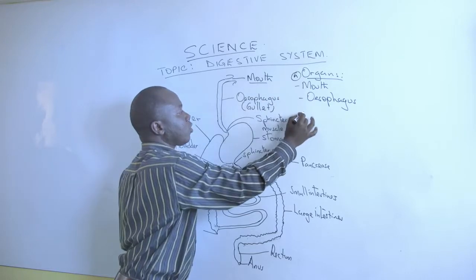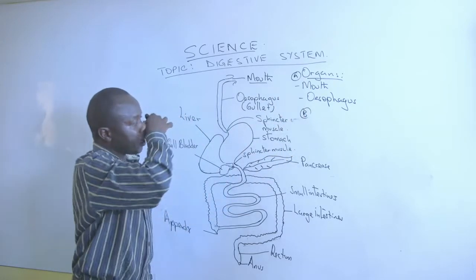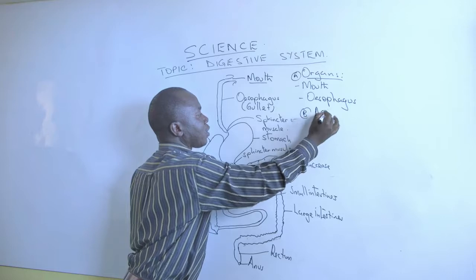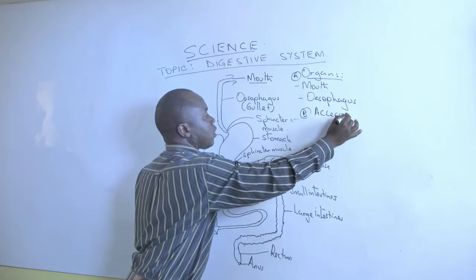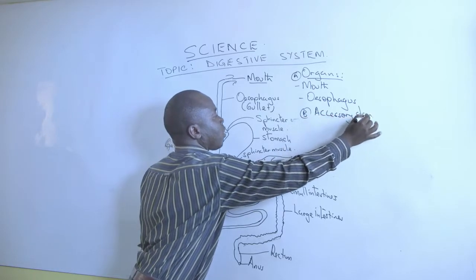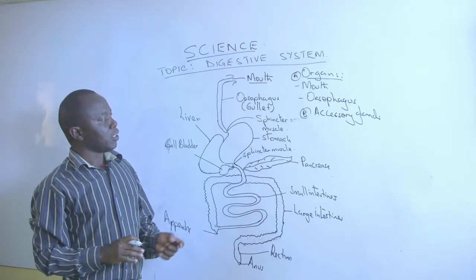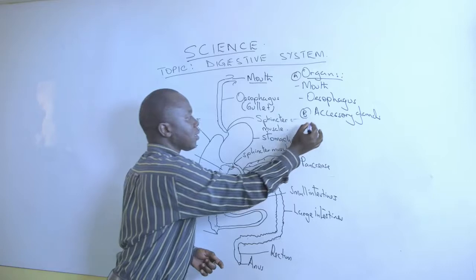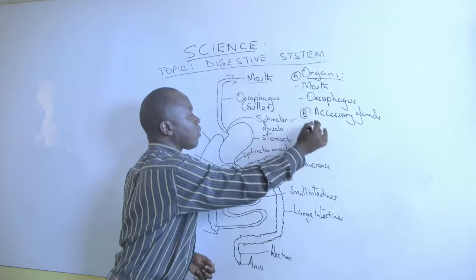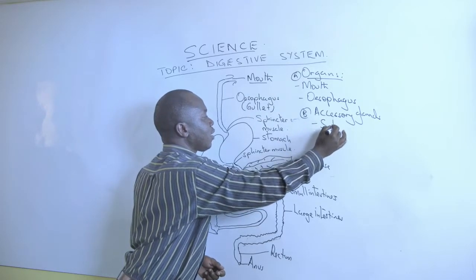But we can also identify some accessory glands. Although they cannot be seen from the diagram, the digestive system also has accessory glands, including, in the mouth, glands called salivary glands.